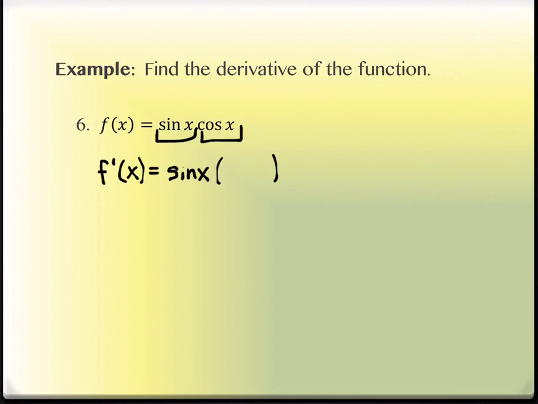The derivative of cosine, yeah, which is negative sine x. Good. Nice. And then product rule is addition, so we're going to put addition. What's going to come after my addition? Cosine of x times cosine of x.